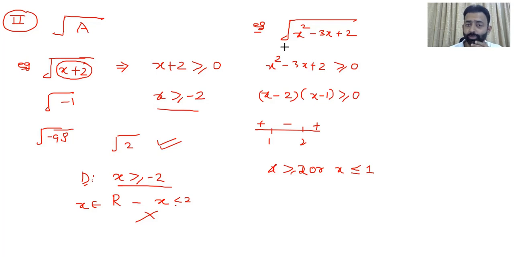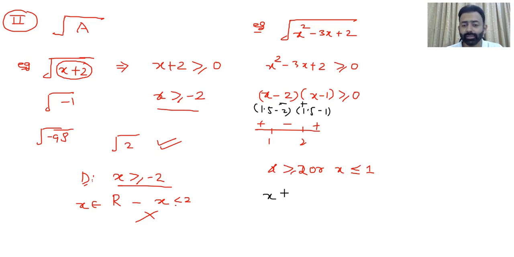Here we have 1.5 minus 2 and 1.5 minus 1. 1.5 minus 2 is minus 0.5, and this is 0.5. Minus into plus is negative. So the expression under the root is coming out to be negative, which is not allowed. So the domain is x less than or equal to 1 or x greater than or equal to 2.